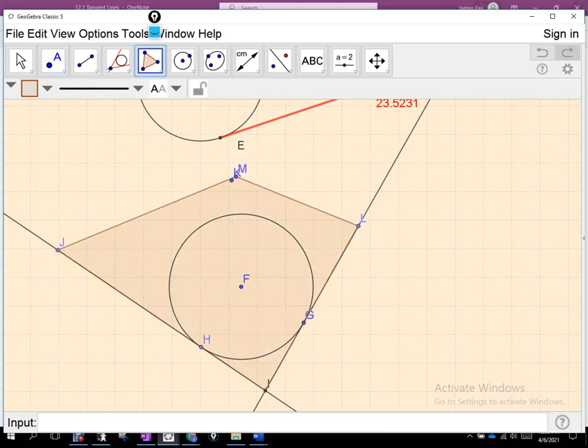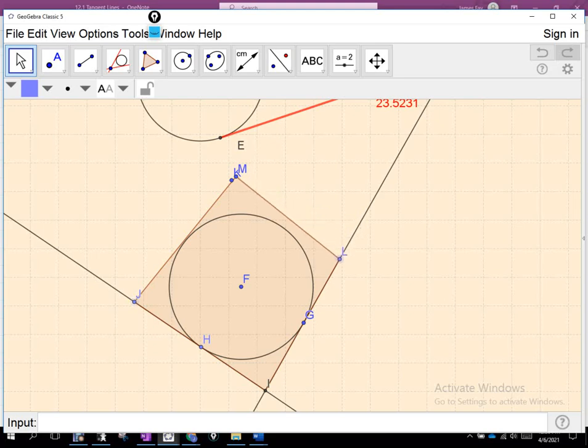A polygon like that, okay, is that considered circumscribed around the circle? No, okay, because it's only tangent on 2 of the 4 sides of the polygon, right? Now, if I did this, made that side tangent, it's still not circumscribed. The polygon is not circumscribed, and the circle is not inscribed.